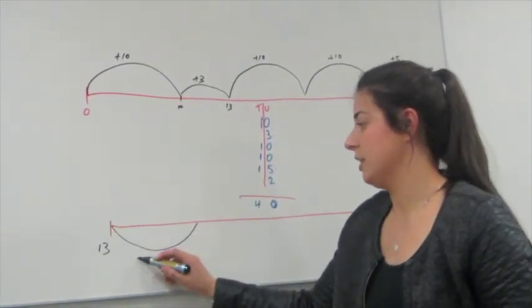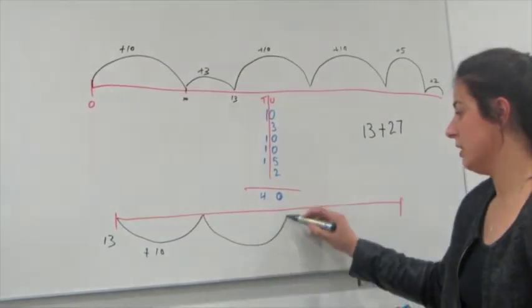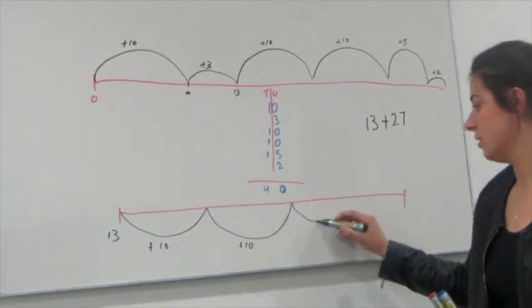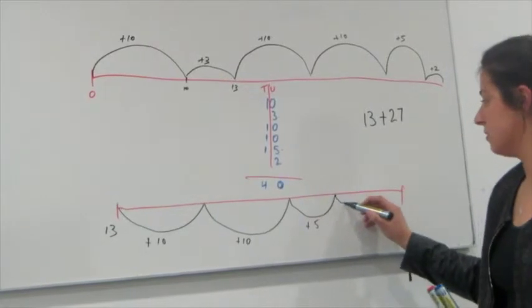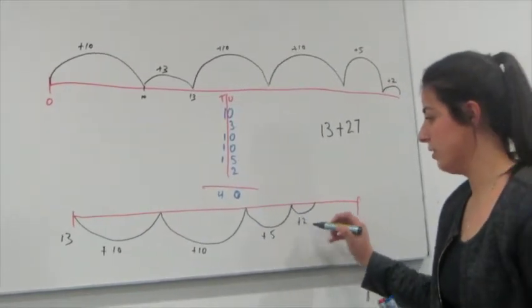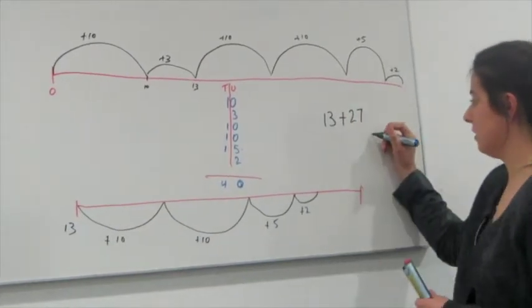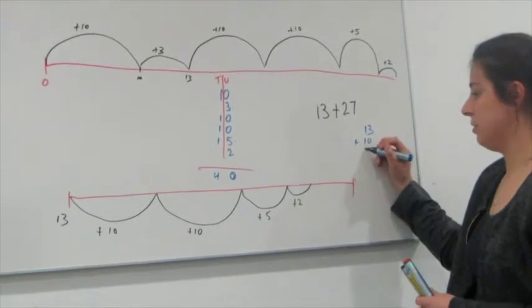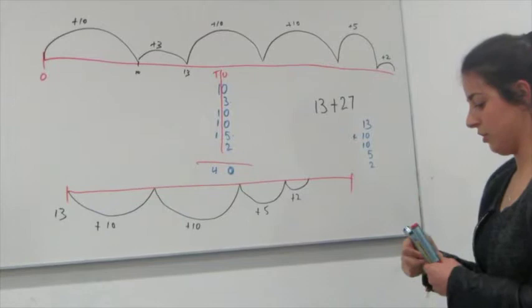So here's your 10, another 10, a 5, and a 2. So then we go 13 plus 10 plus 10 plus 5 plus 2.